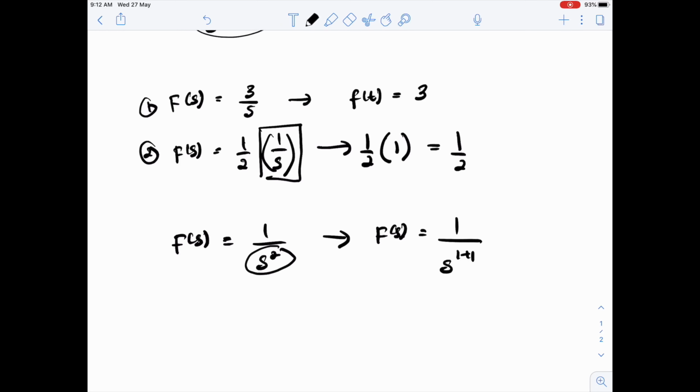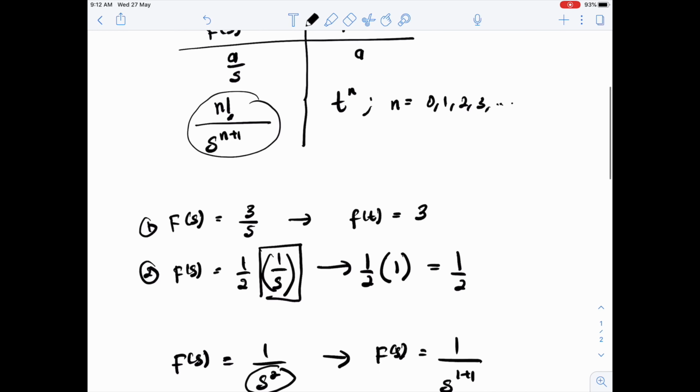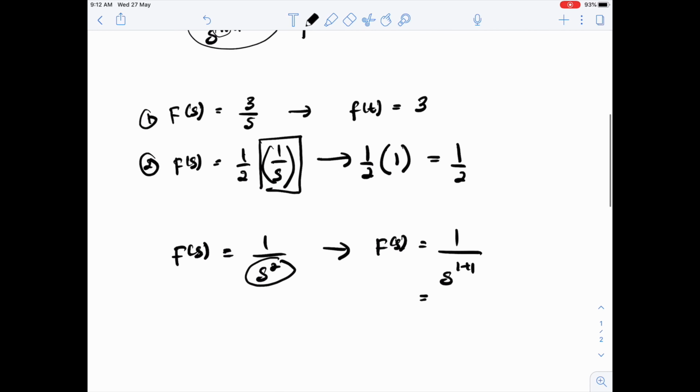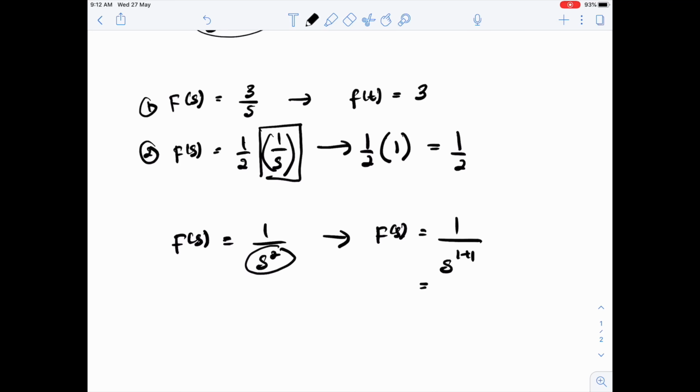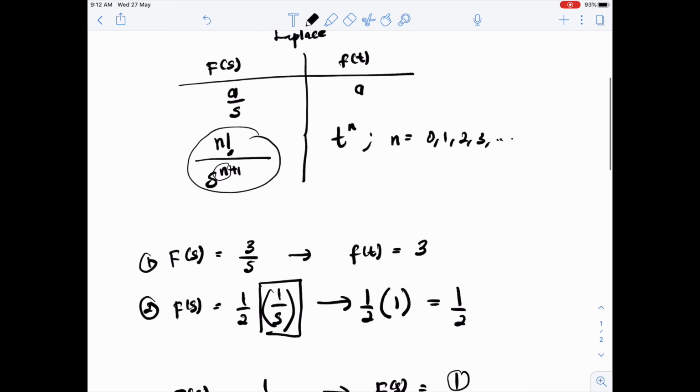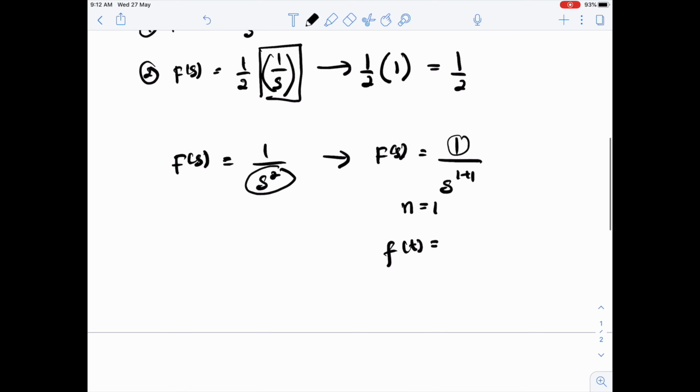Here we find that our n is equal to 1, and the factorial is already 1. So the answer of f(t) is, look at here, we just need to take t to the power of n. With n equal to 1, it's only t.